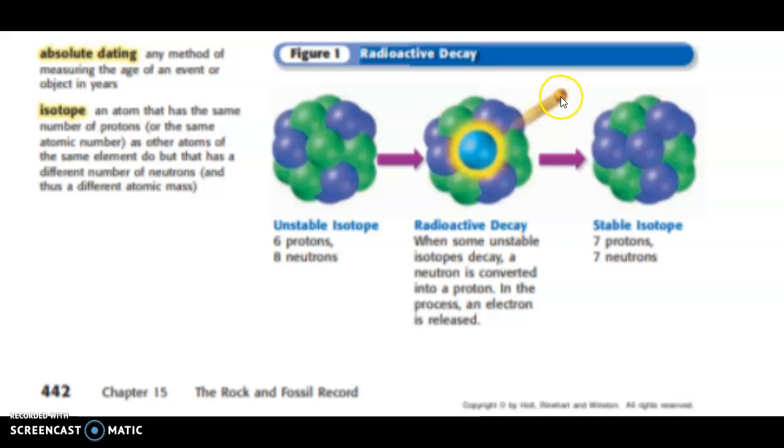And when the electron is released, it becomes a stable isotope with 7 protons and 7 neutrons. So initially it had 6 protons and 8 neutrons, and one of the neutrons gets converted, and in the middle of which an electron is released, and that results in something stable, a stable isotope with 7 protons and 7 neutrons. Again, this is an example.